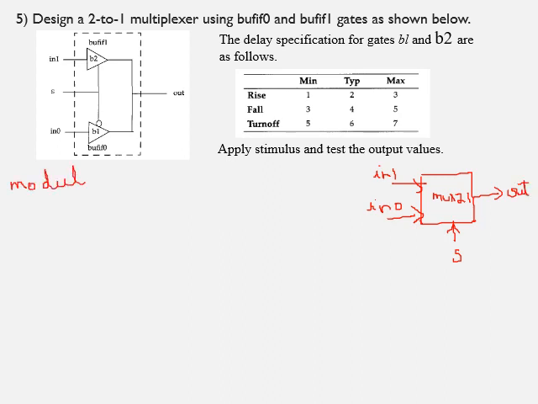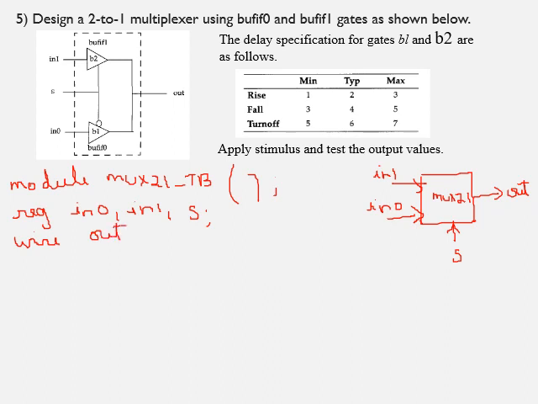Module, I will give mux21_tb as the name of the module, empty parenthesis. I'll declare in0, in1 and S as registers because they are inputs, and out as wire.